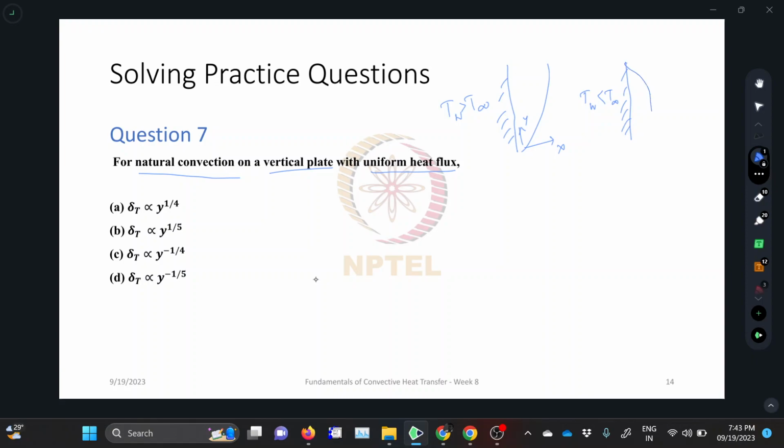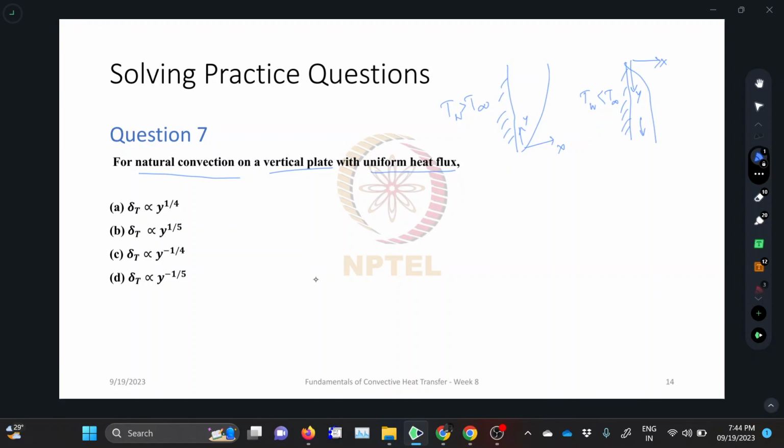So in this case, the boundary layer would be formed this way, and the velocities would be this way. We will consider x in the same direction, but y would start from the top and go towards the bottom. So y equal to 0 basically means start of the boundary layer. Whichever way the boundary layer is oriented, we will orient our y accordingly.